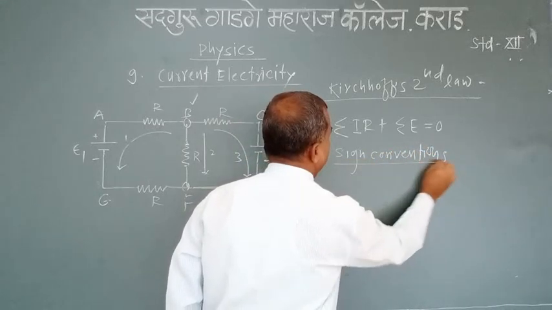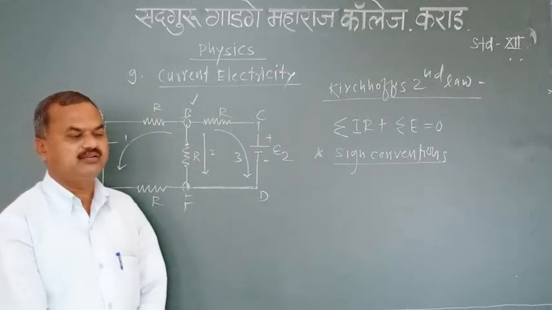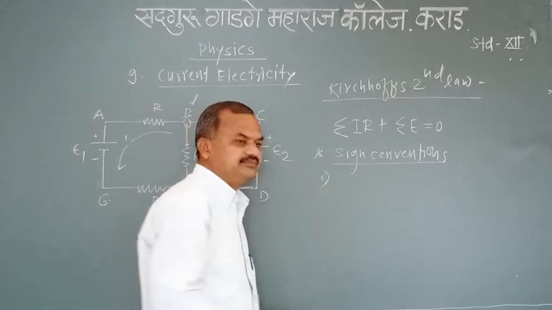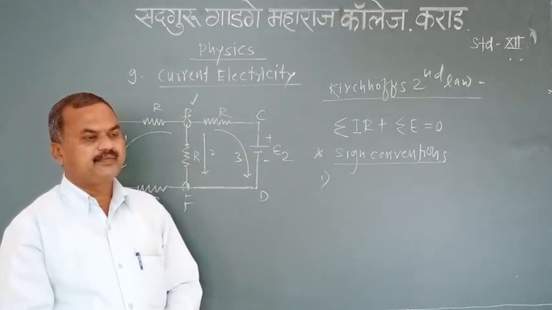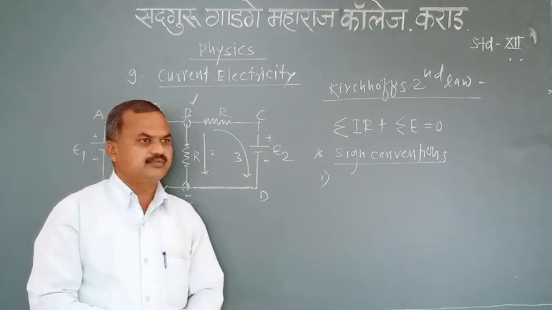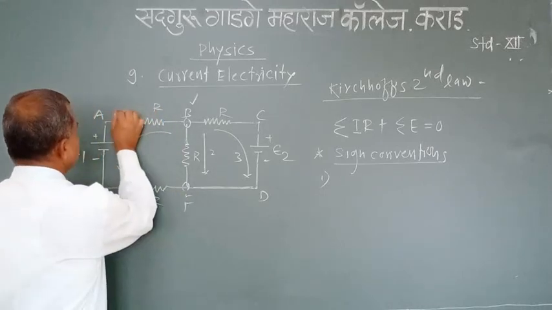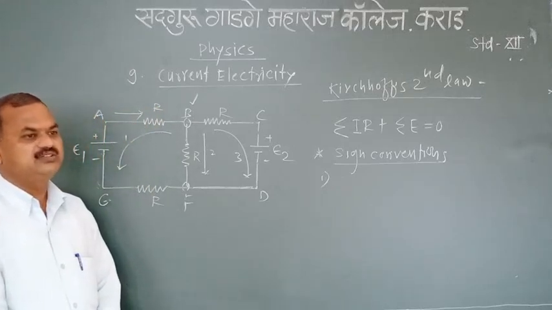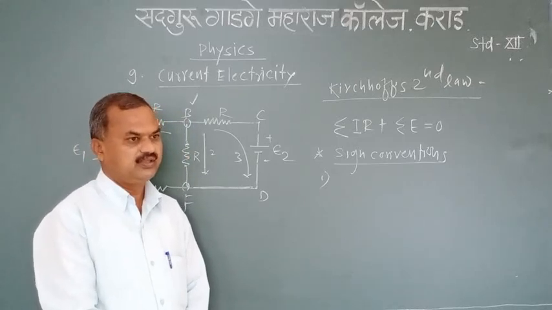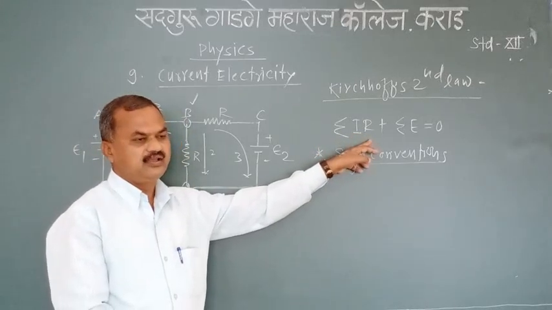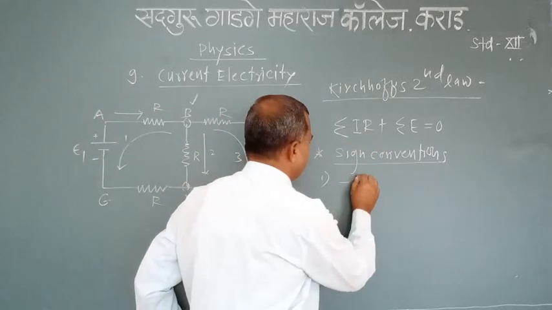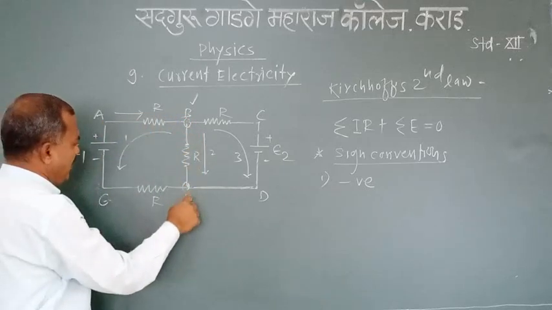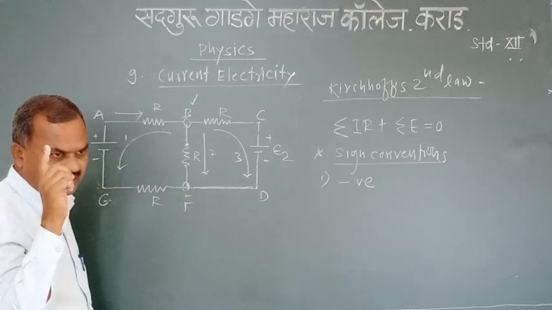These are used while applying Kirchhoff's second law for a loop in an electric network. First sign convention: if the direction of tracing the loop is the same as the direction of conventional current flow, then the product IR becomes negative. Here A, B, F, G, A is a closed loop.